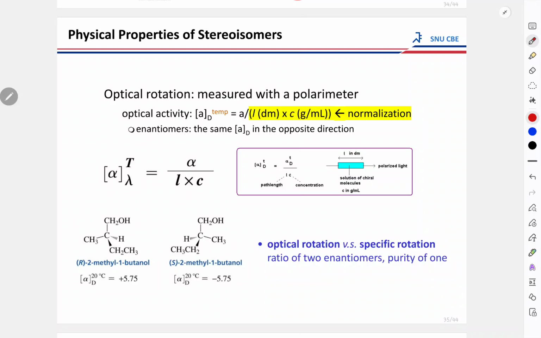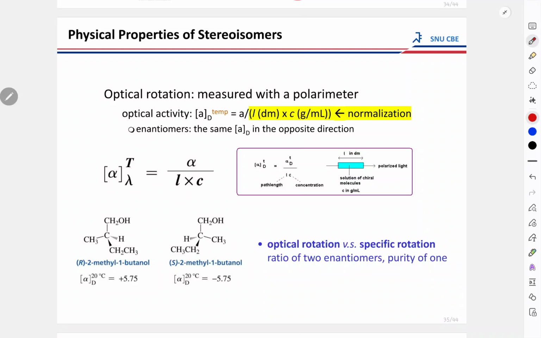If you normalize the real angle measured by the polarimeter by the length times concentration, you get the specific rotation angle. So basically you're normalizing the raw value, the rotation angle.